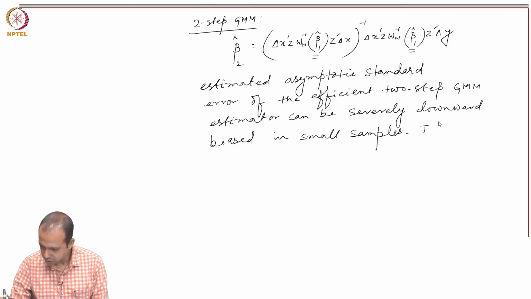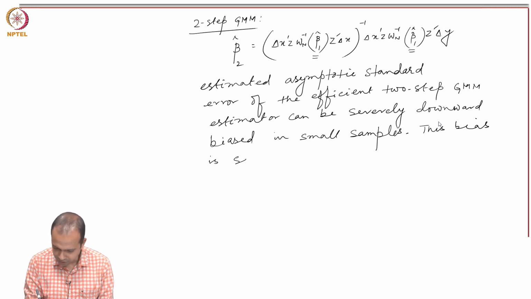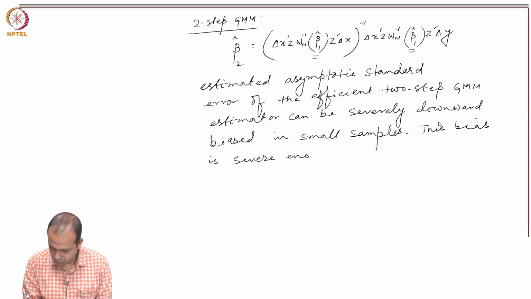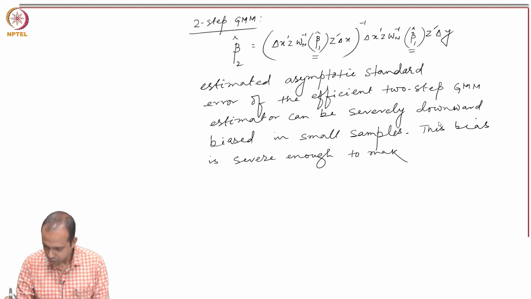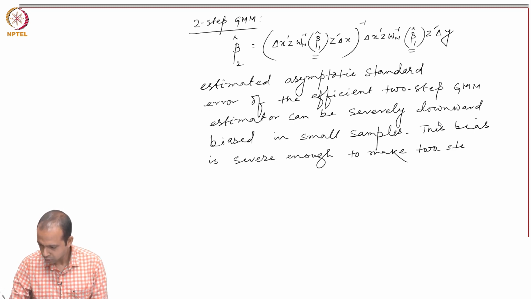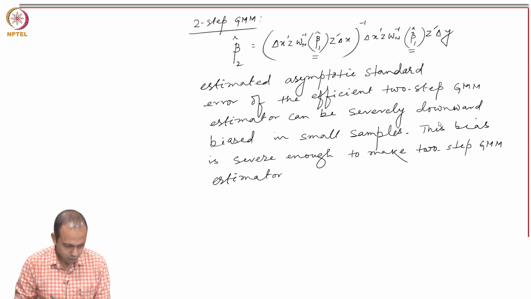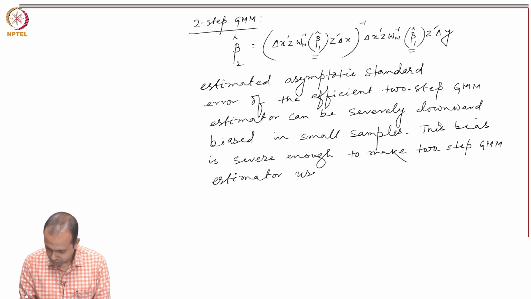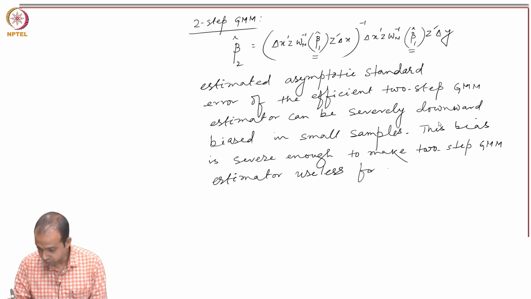And this bias is severe enough to make the two-step GMM estimator useless for inference making.